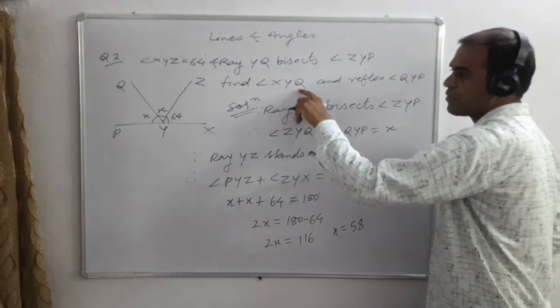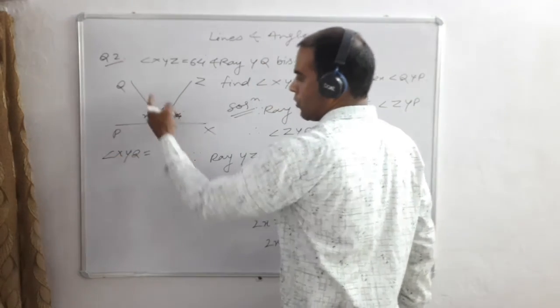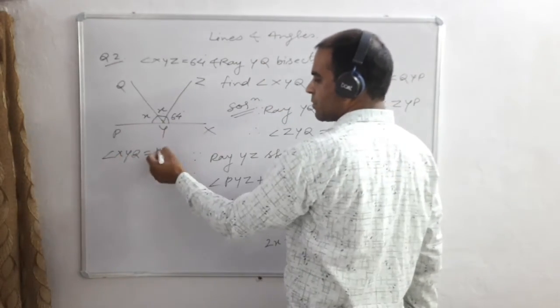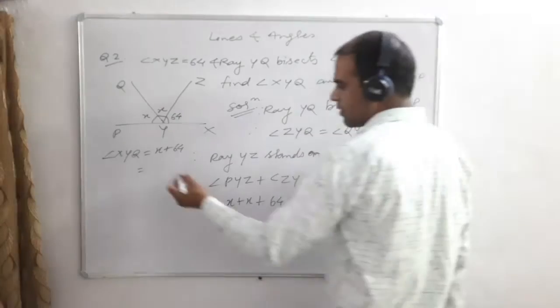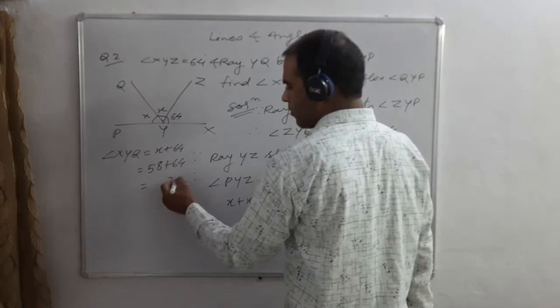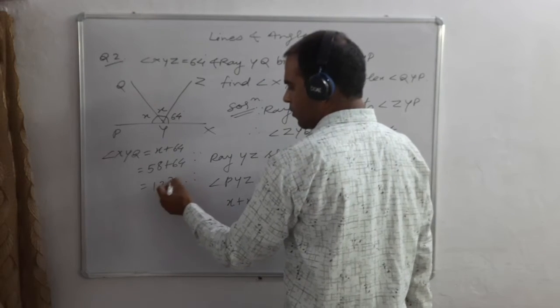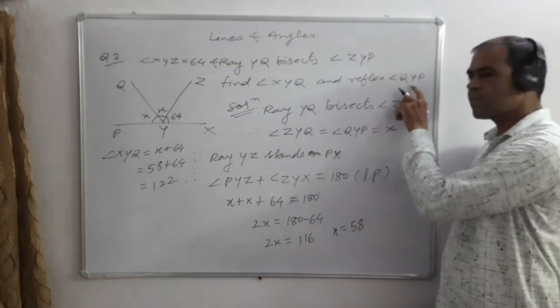So find the angle XYQ, and XYQ is x plus 64. Then x is 58 plus 64, 122. And another angle is the reflex of QYP.